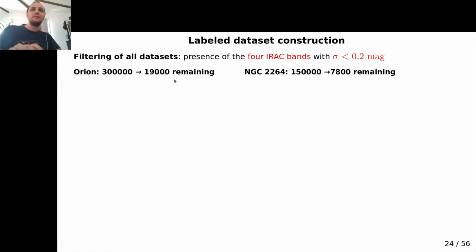You can see that it significantly reduces the size of the point source catalog, meaning that we only have a small part of all the observed objects that have these 4 bands that are required to perform the classification.